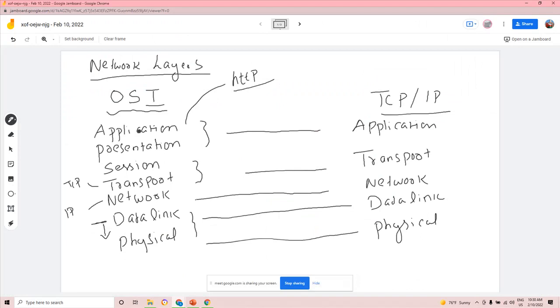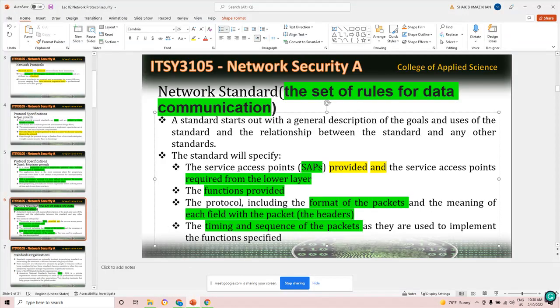So application layer, what service it is going to give to the presentation layer, and presentation layer, what service it is going to get from the application layer. So this is specified by the standard. So please understand, if someone provides any protocol, then they have to satisfy the rules here.